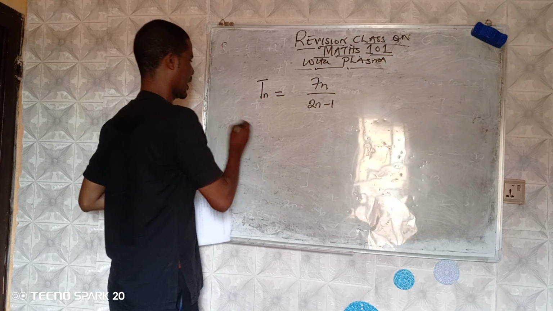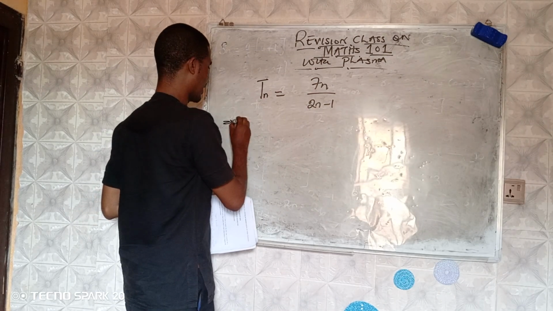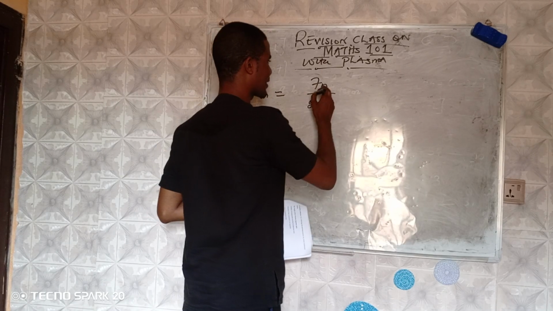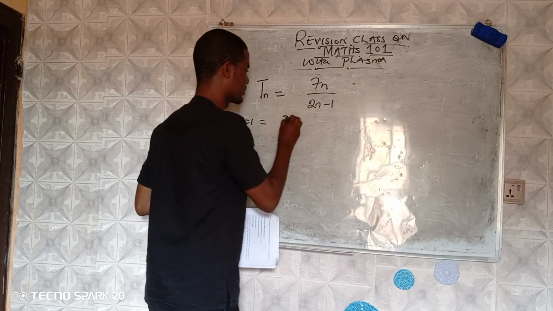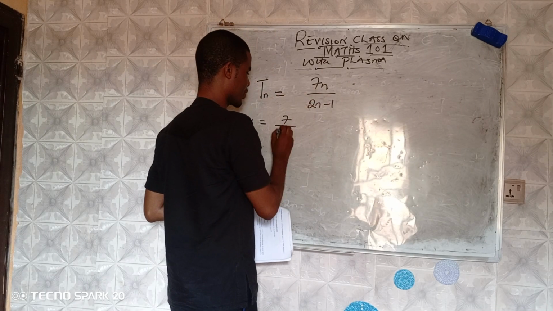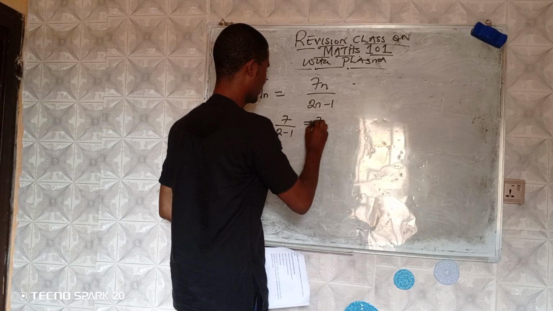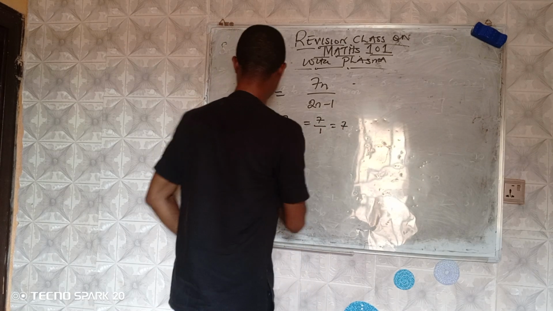So I'm going to be having n equals 1. 7n: 7 times 1 is 7. 2 times 1 is 2 minus 1, which will give me 7 over 1, which is equal to 7.